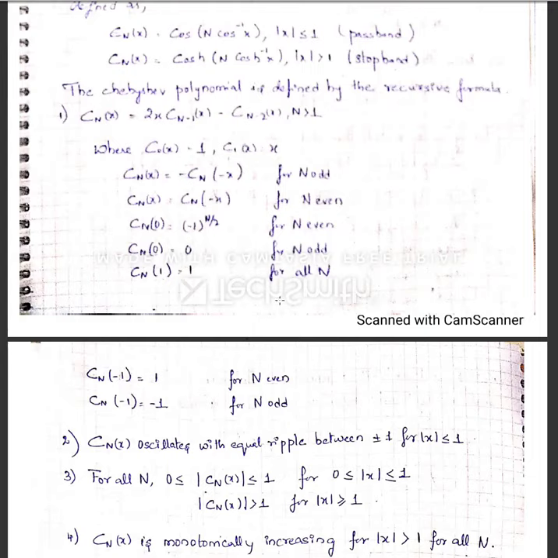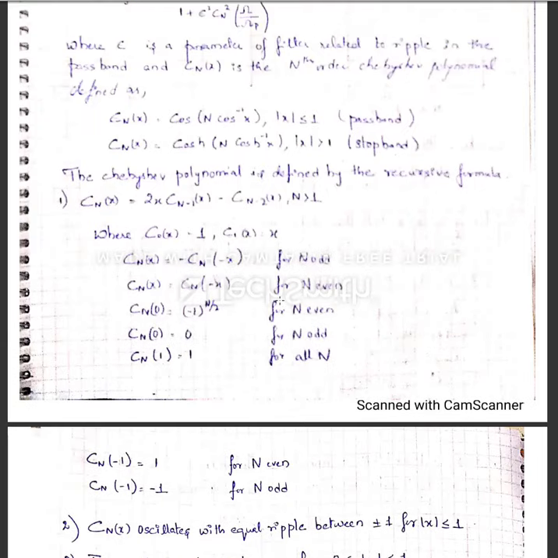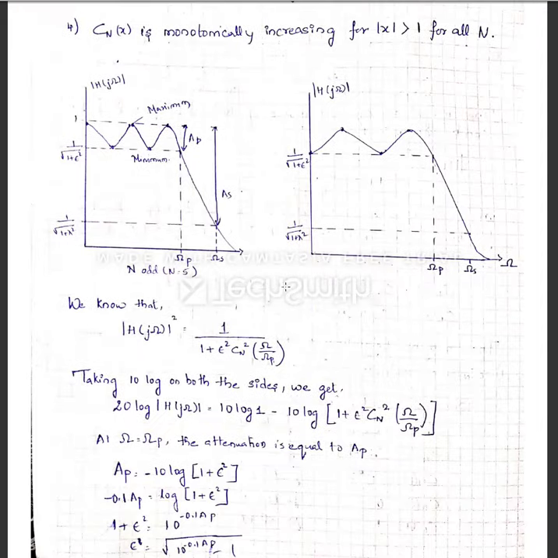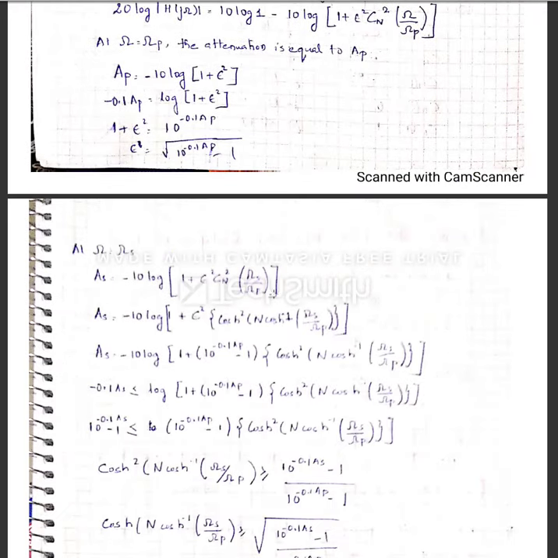For any value of n, Cn(x) is given as this, and since we are at the stop band, we will take Cn(x) equal to cosh of n cosh inverse x. So here, instead of Cn(x), we have expanded it. Our x is omega s by omega p.